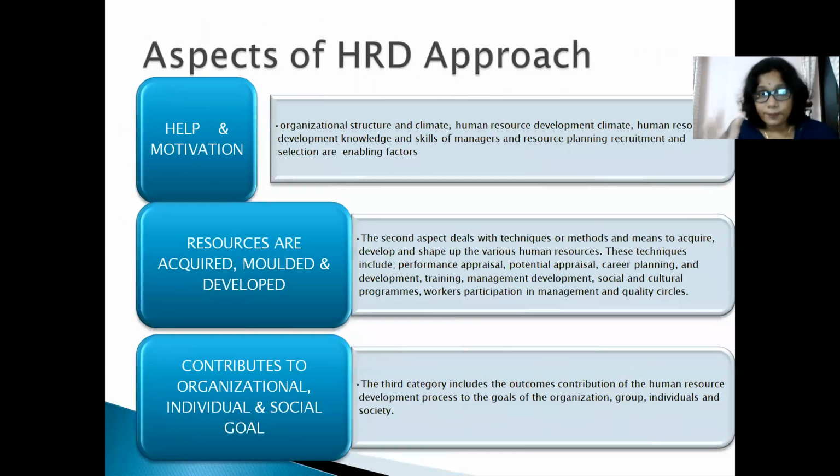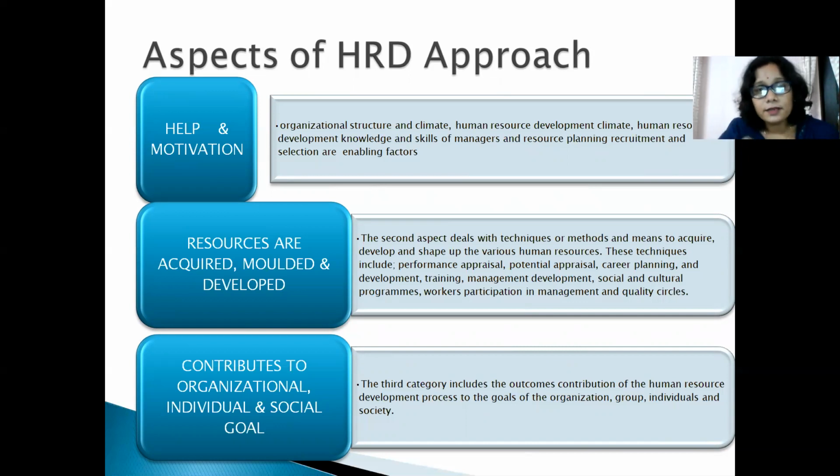Now the aspects of the human resource development approach. Here we have to know mainly three aspects. There are three main aspects of human resource development or manpower requirement approach. The first aspect is the helping hand attitude and motivating attitude of the management people.